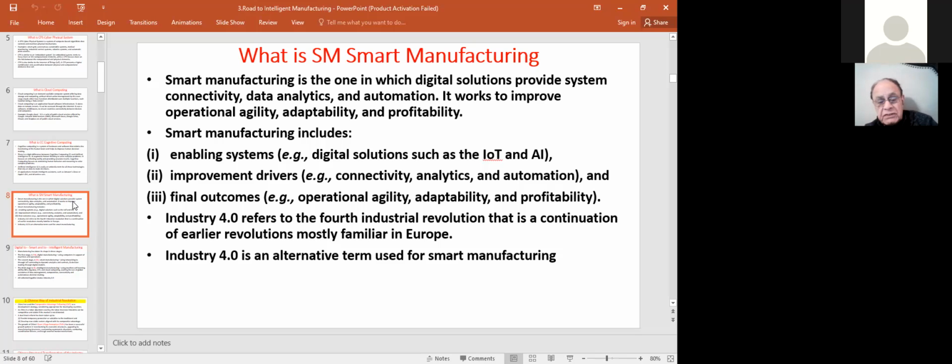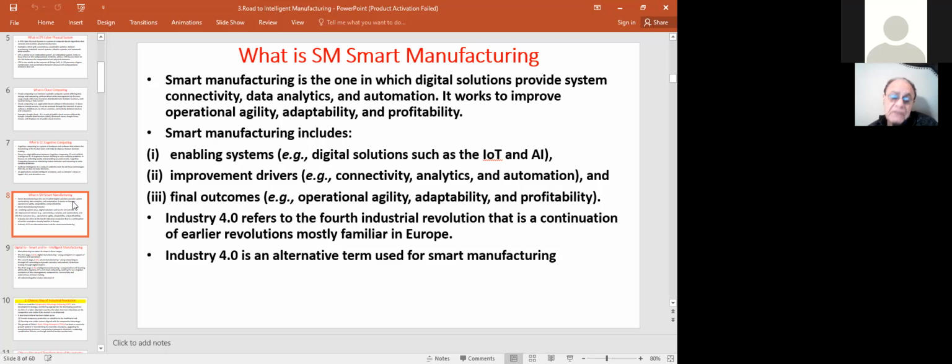These three functions are grouped into improvement drivers. Then we have a third stage, called final outcomes. Outcomes means the drives that are communicated to you regarding operations and the various targets that you set for your manufacturing system.